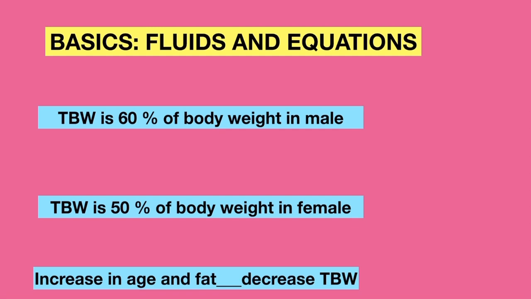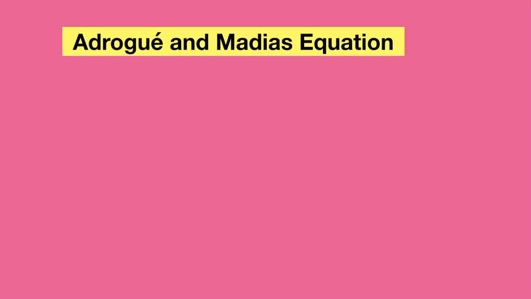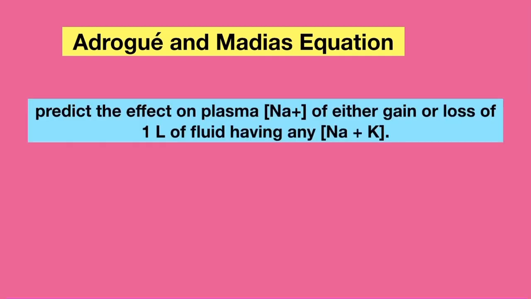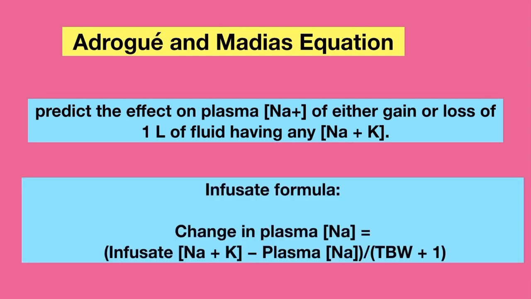So next we will deal with an important concept, that is the Adrogué and Madias equation. So what is this equation? This equation provides a valuable insight into the effect of 1 liter of fluid, or the effect of loss of 1 liter of fluid. If we are infusing 1 liter of fluid into the system, it will determine the change in plasma sodium concentration.